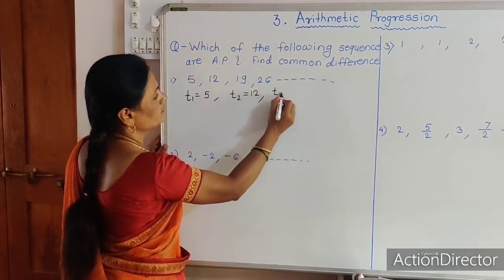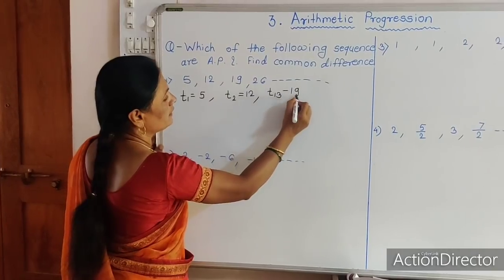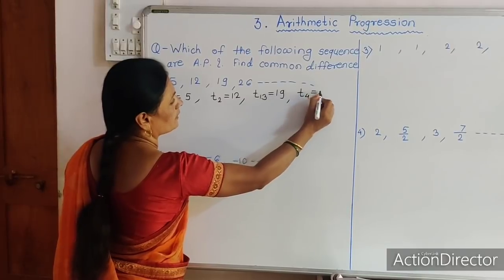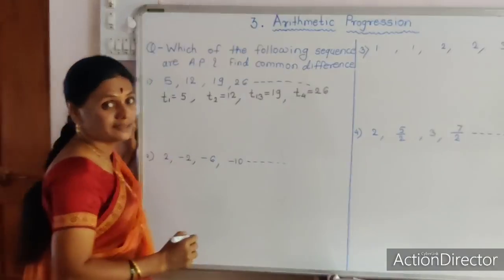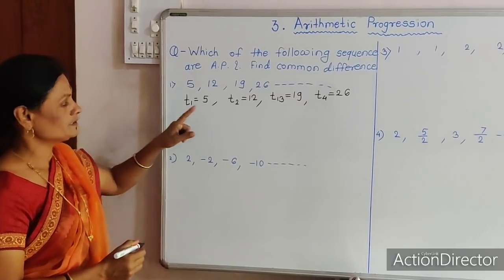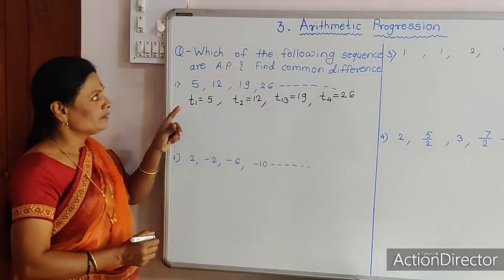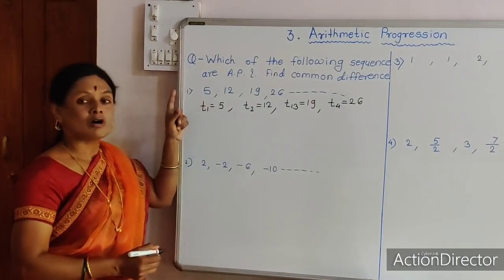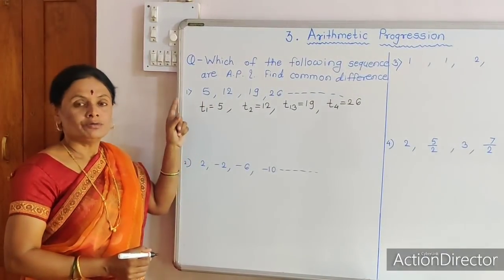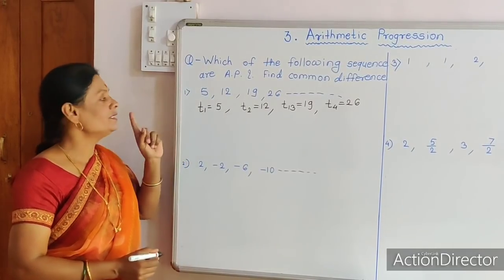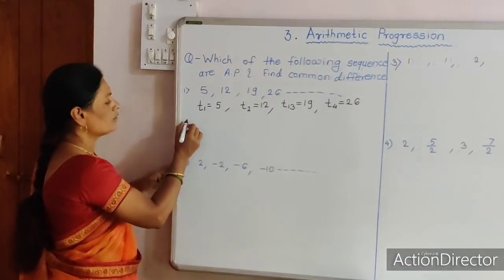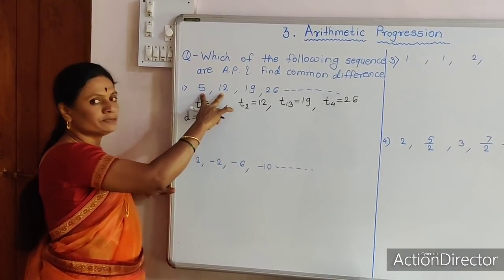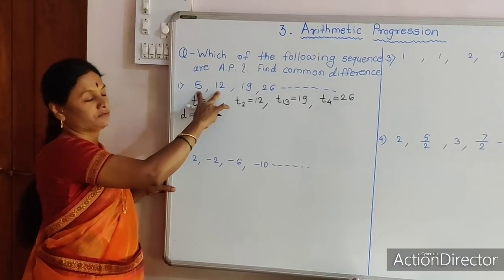T3 is equal to 19, and T4 is equal to 26. First we find how we identify that the sequence is an AP from the common difference. So we first calculate the common difference D.